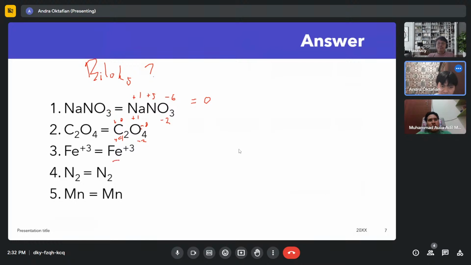Actually, my mistake, it is Fe3+, because this is an ion, not a neutral compound.